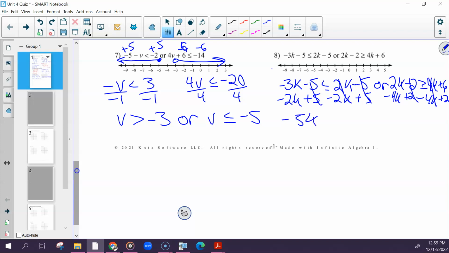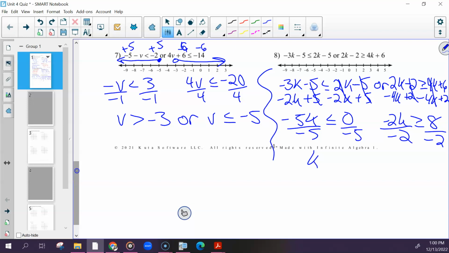Negative 5k is less than or equal to 0. And negative 2k is greater than or equal to 8. Divide everything, and both inequalities are going to change signs because you're dividing by negatives.